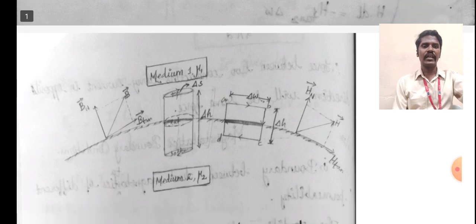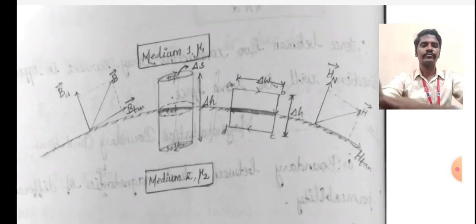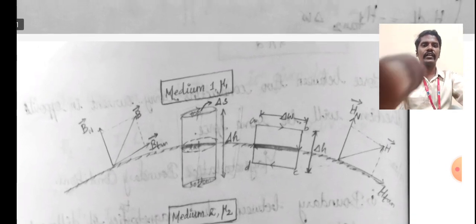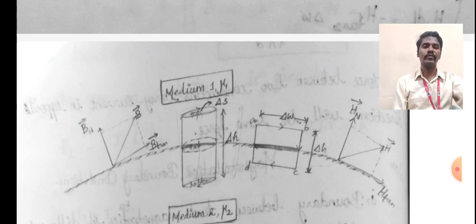Now this diagram represents the boundary condition between two media. Medium 1 has permeability mu1 and medium 2 has mu2, and we are considering a rectangular path with sides A, B, C, D, and a cylindrical surface.